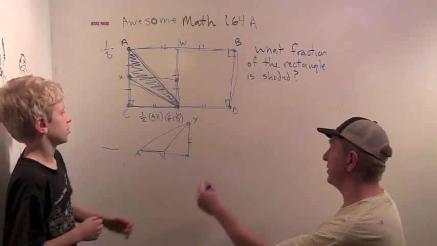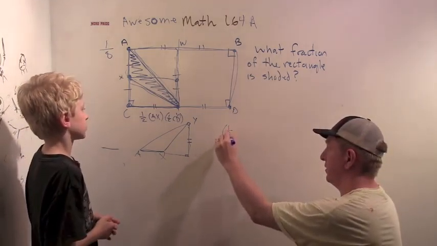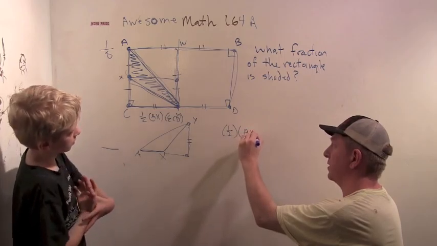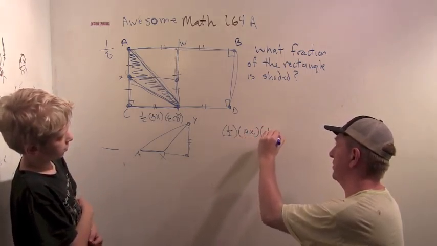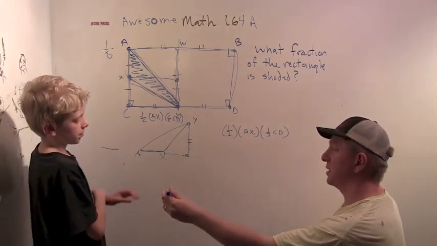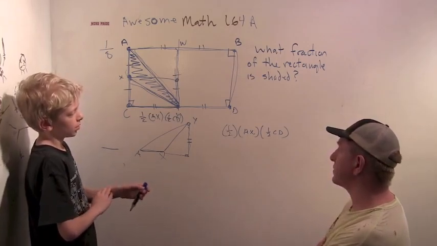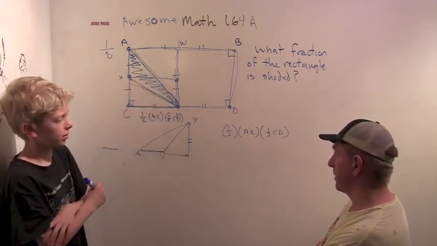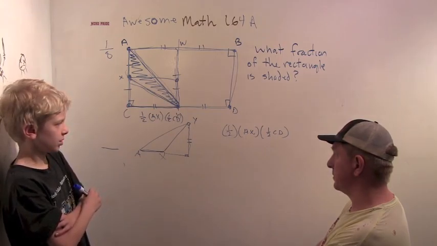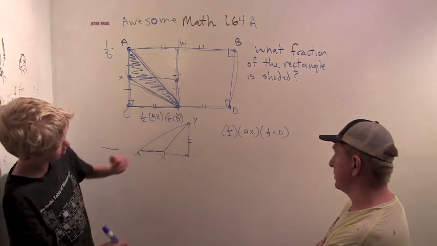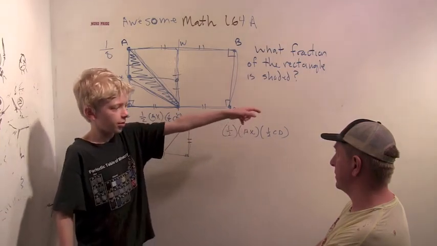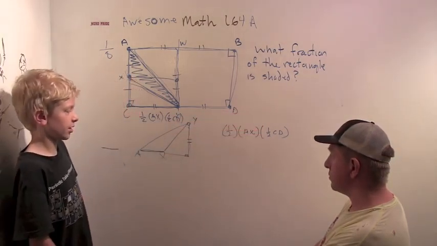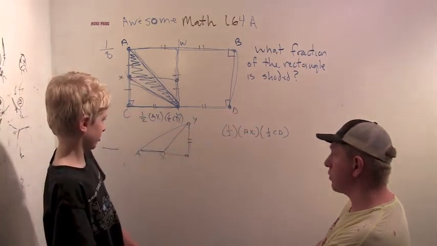Here, I'll write that over here: 1/2 AX times 1/2 CD. Can that simplify at all? Or can we make any sense out of that? Not really. We could try to multiply through, but that would be kind of difficult because we have 3 terms.